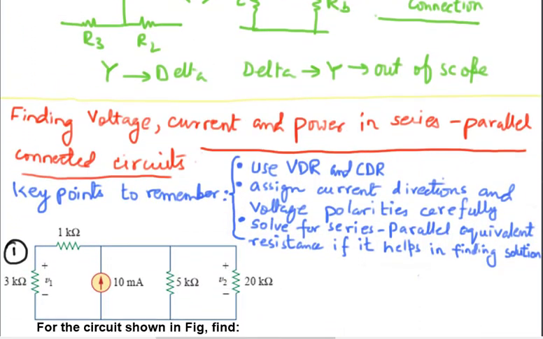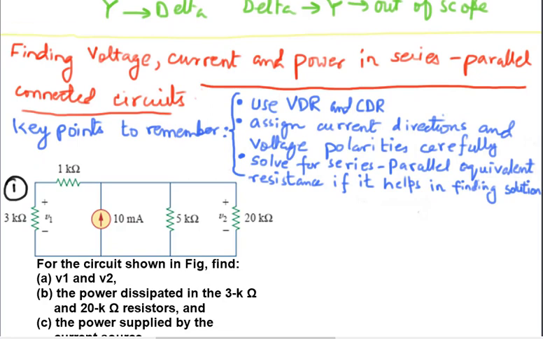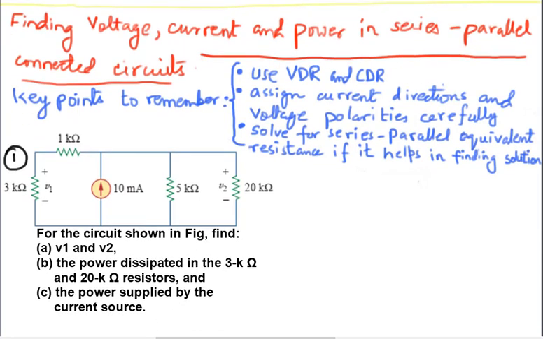The next topic that I am going to discuss in this lecture is simply the application of voltage division rule and current division rule. We have studied these two rules, and we must realize that we can find voltage, current, and power in series parallel circuits using VDR and CDR. Before I start solving these circuits, let me remind you the key points. The first key point is that you need to use VDR and CDR in these cases.